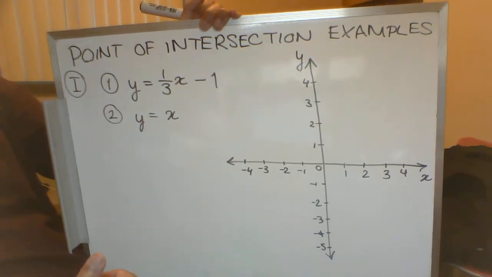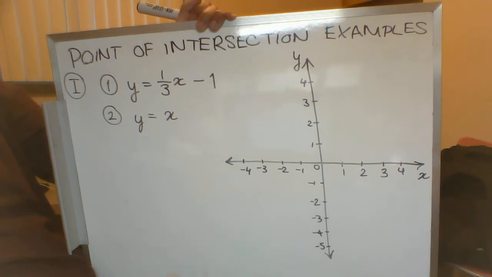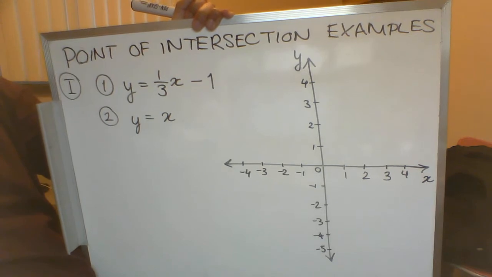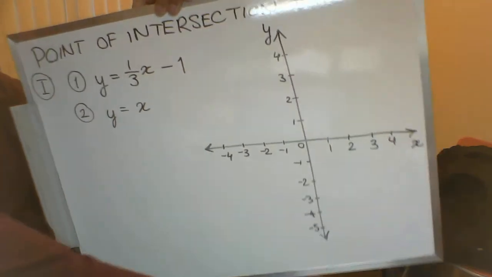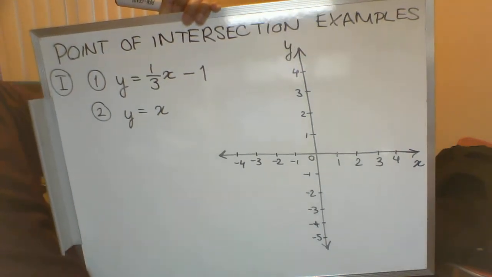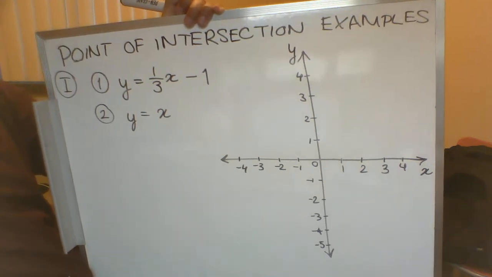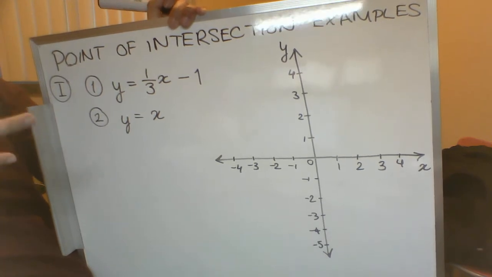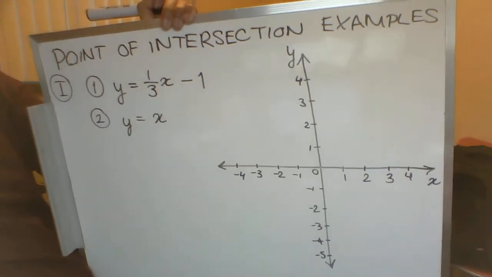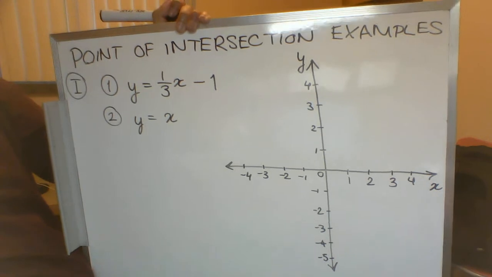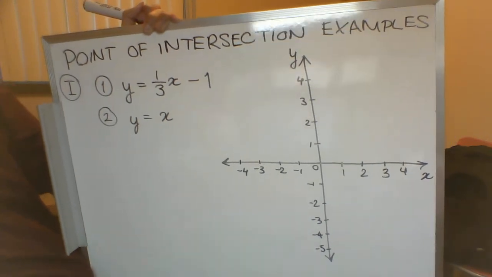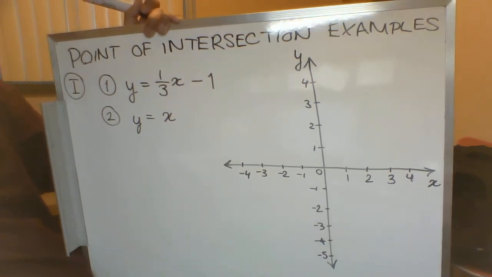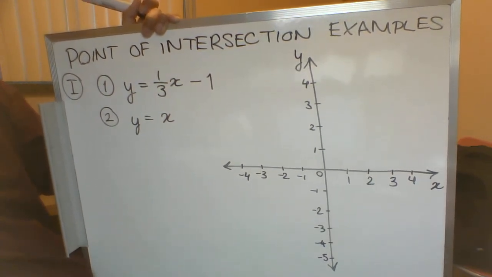Once we have that visual idea, we can guess where the point of intersection actually is, and then we calculate mathematically and check our answer to see if it makes some sort of sense. For example, if you graph two lines and it looks like they intersect at or very close to the origin, and then you're getting an x value of 10 and a y value of 35, chances are you did something wrong, because your graph is telling you that they should be intersecting at the origin.